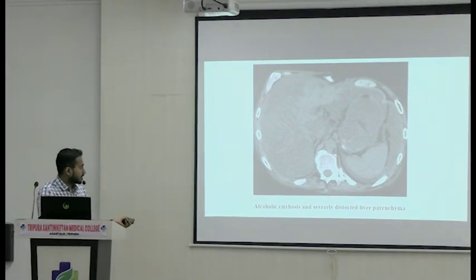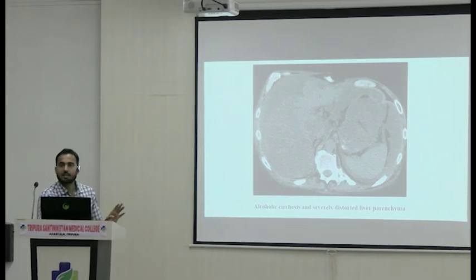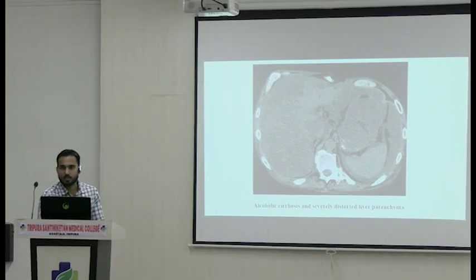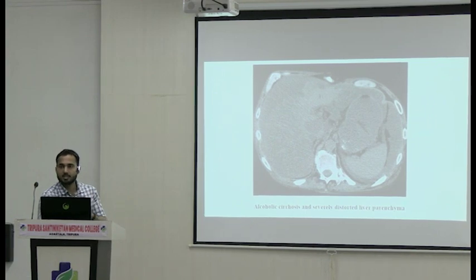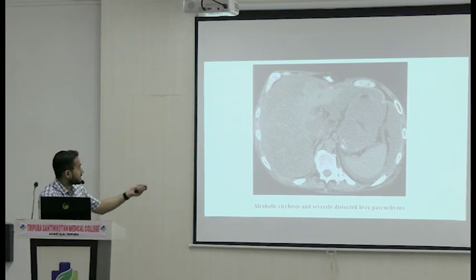Now, here you can see an alcoholic cirrhosis and severely distorted liver parenchyma. This is also a beautiful CT scan image. Here it is an unenhanced CT scan image. That means contrast media is not given, neither through the intravenous route nor through the oral route. Without giving the contrast media, the CT scan is taken. So you can see the echo texture of the liver.